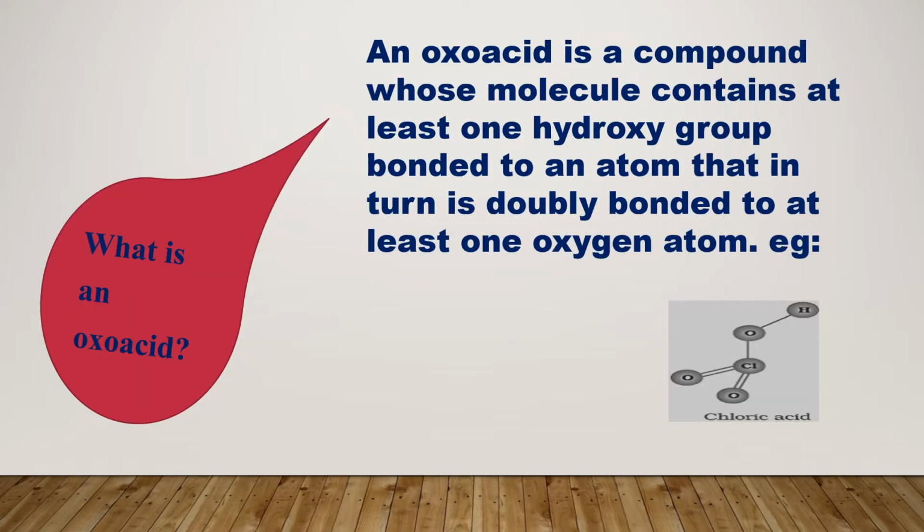Before starting with oxoacids of halogen, you should know what is an oxoacid. An oxoacid is a compound whose molecule contains at least one hydroxyl group bonded to an atom that in turn is doubly bonded to at least one oxygen atom.